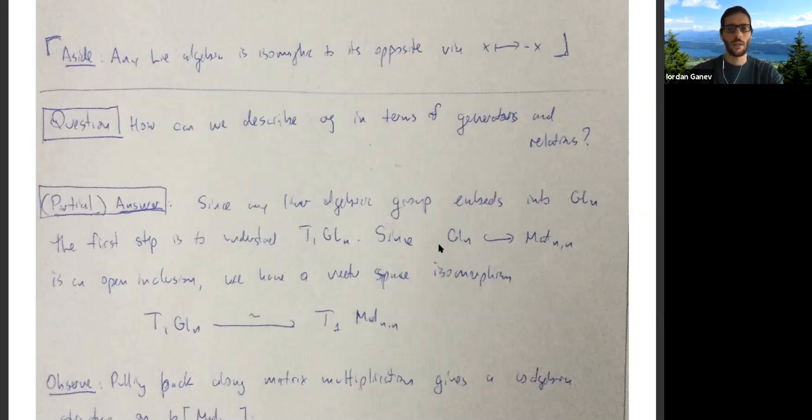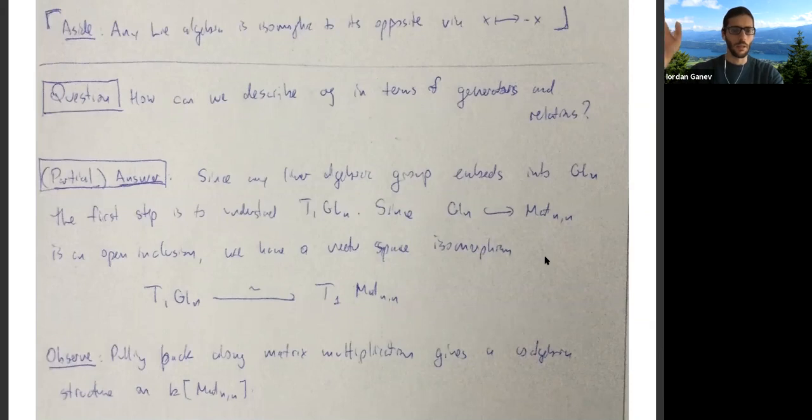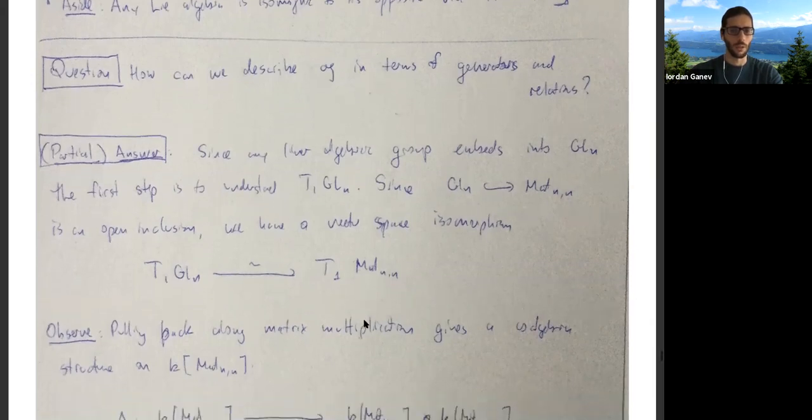And since GLN is an open subvariety of n by n matrices, based on the stuff with tangent spaces that we saw last lecture, we have an isomorphism between the tangent spaces at identity. This is true for any open inclusion.